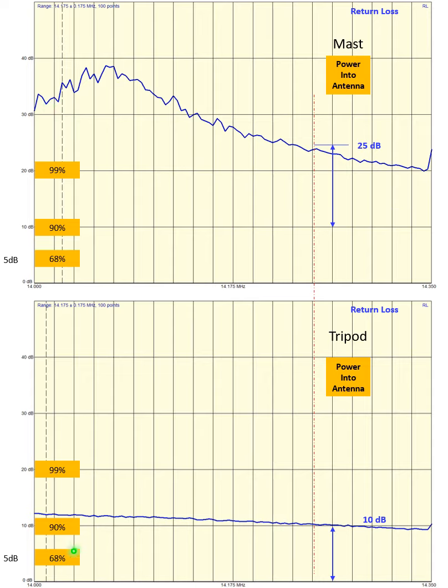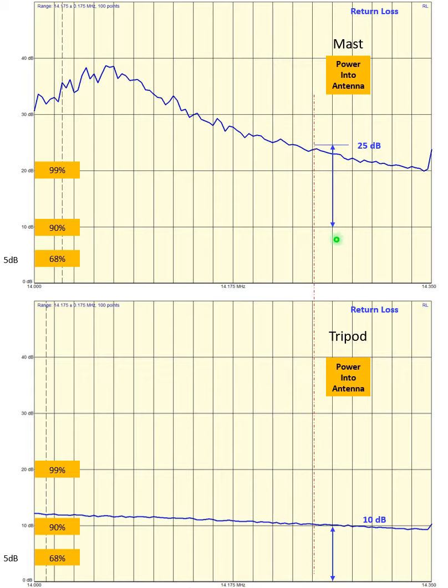And we do the same scaling here on the tripod plot. The thing to note here is that if you look at the tripod, this is the frequency range that we want to operate. We're concerned about the general section of the single sideband for 20 meters. So when we're on the tripod, we're getting 90% of the power to the antenna, which isn't too bad, particularly for a mobile or a portable antenna.